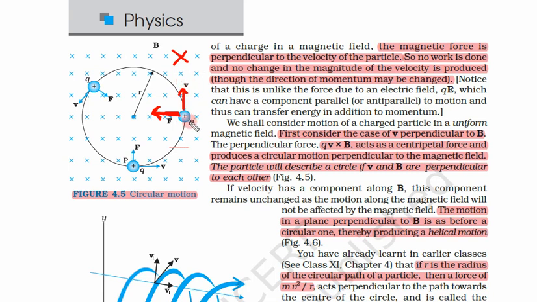When the force is perpendicular to the velocity, no work will be done, and the magnitude of velocity will not change. That means speed will not change, only the direction of momentum will change.